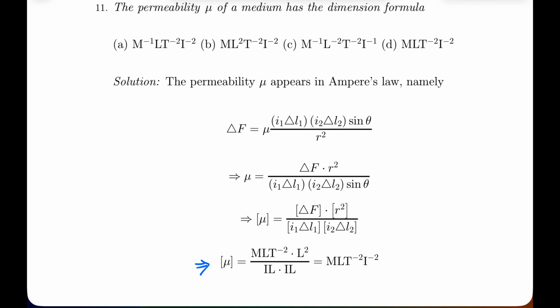For current, we have I here. For delta L1, this is small length, this is given by L. Similarly, for I2 delta L2, we write I into L. So this, when simplified, gives you the dimensional formula for permeability as M L T to the power minus 2 I to the power minus 2. This is your option D here.